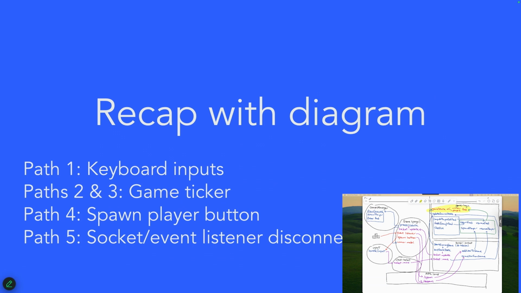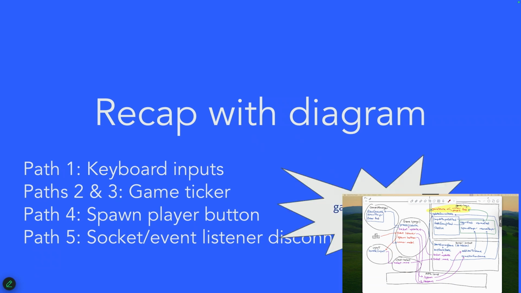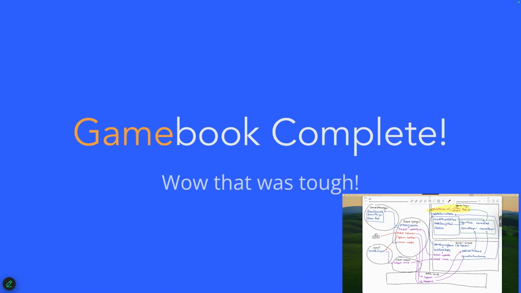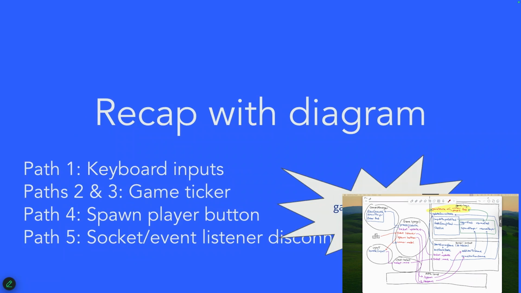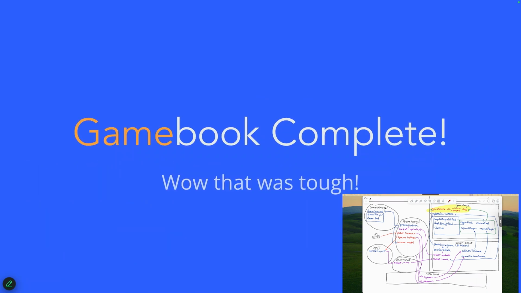So any updates that you make from the client, or on the server, that you want to see propagated in your game have to update the game state here. And then the rest of these paths are just being able to render the game and being able to have the client communicate to the server. Yes, game state is updated in every path. So awesome. And then you guys completed a gamebook.